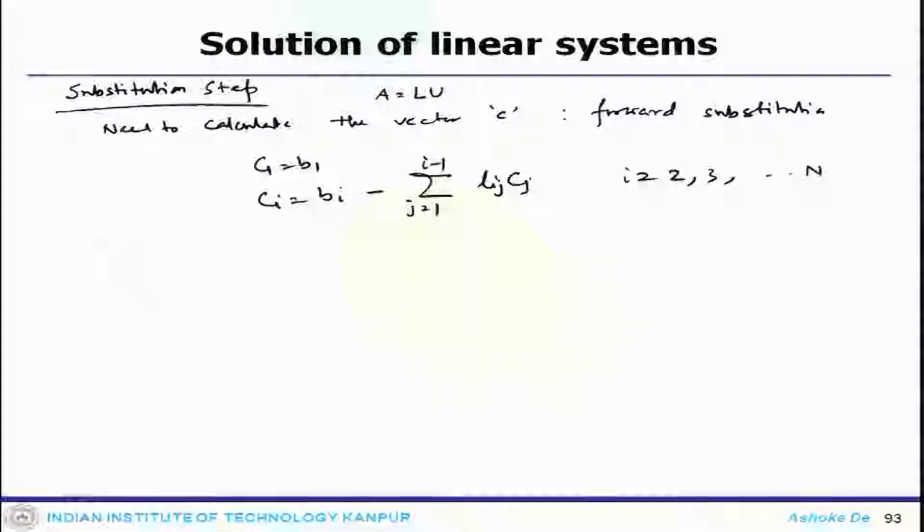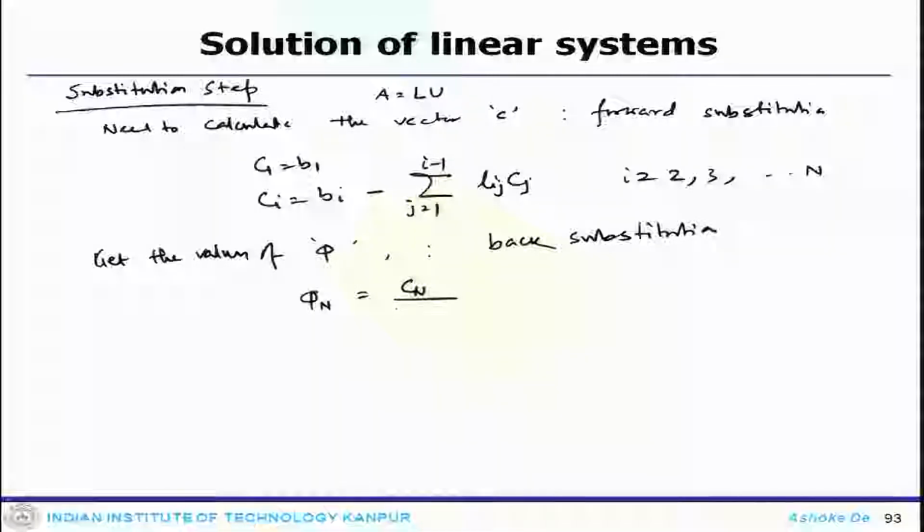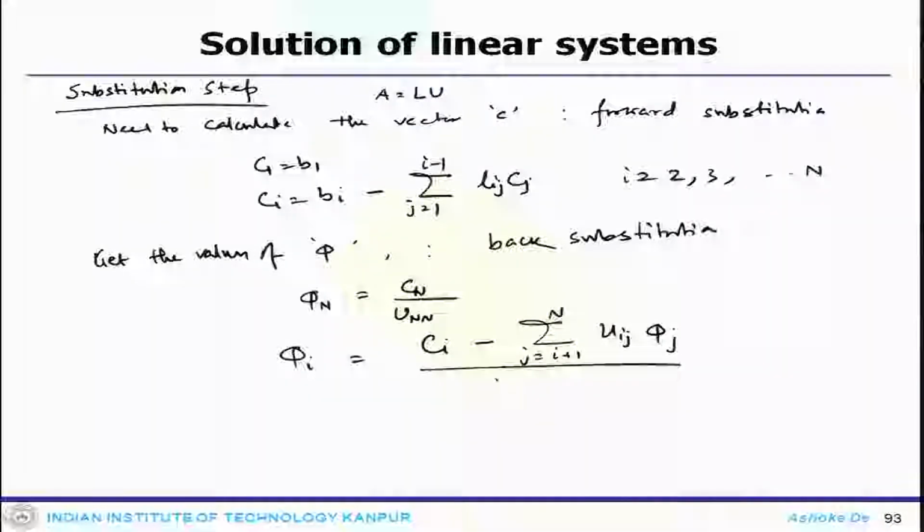So, that is where you get C, and in the next step you get the values of phi by the back substitution process, which will be phi n equals Cn divided by unn, and phi i equals Ci minus the sum over j equals i plus 1 to n of uij phij, divided by uii, where i goes n minus 1, n minus 2 to 1 like that.